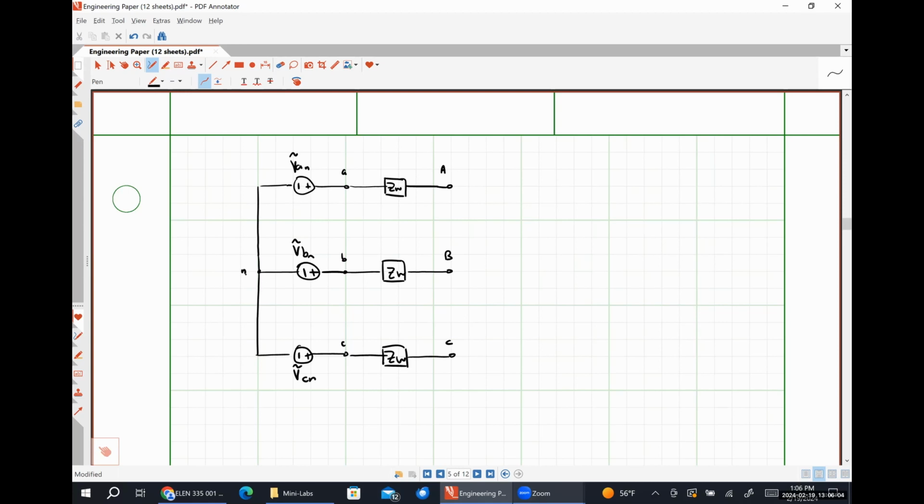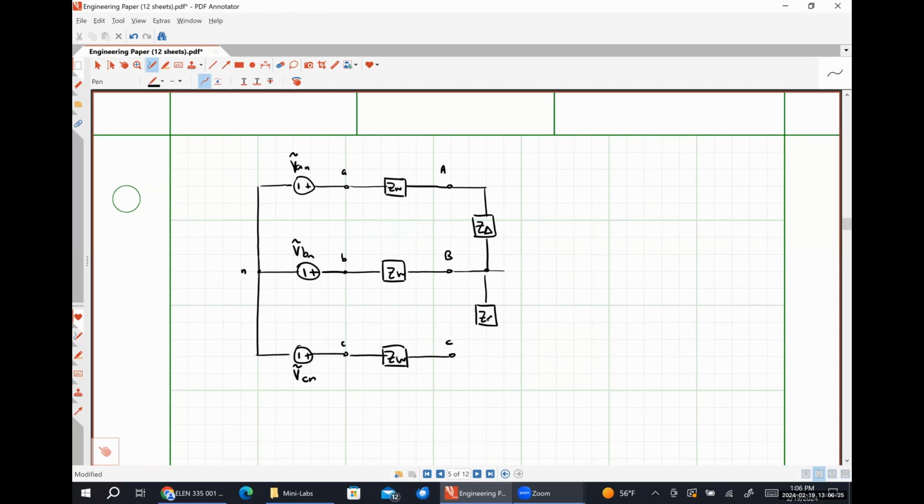So I'm going to start with my delta connected impedance because I want to make sure we're all on the same page here. I have some impedance Z delta connected between the A and B transmission line terminals.